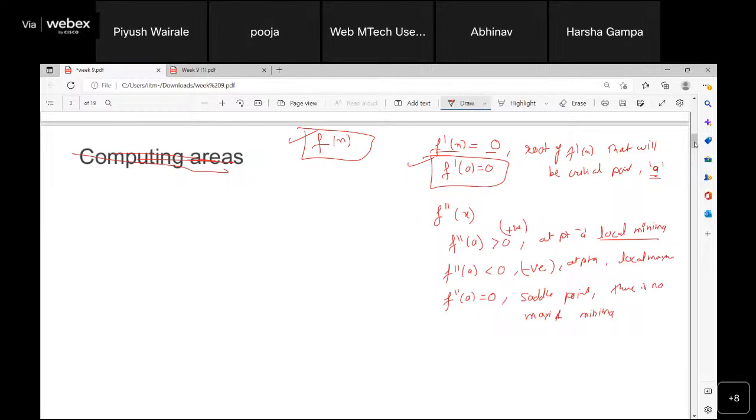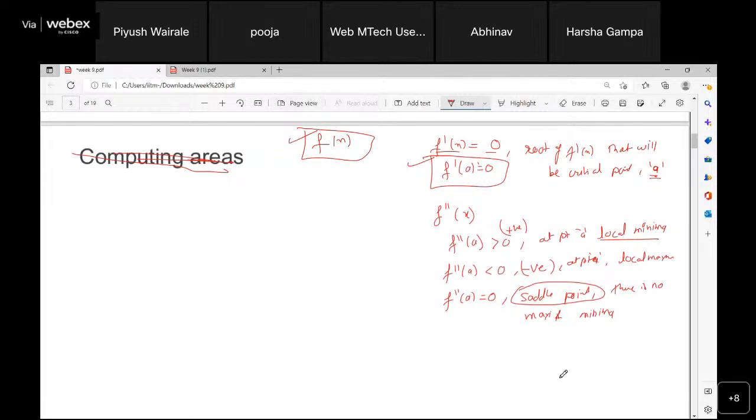If it is negative, then at this point A we will have a local maxima. And if it comes equal to 0, then it is a saddle point, there is no maxima and minima. So this is how we find at what point we have local maxima or minima, right?